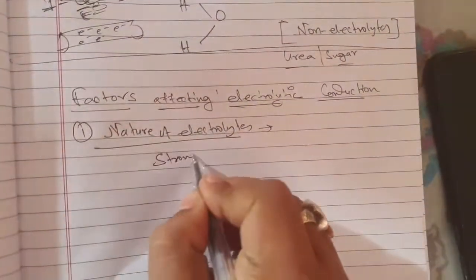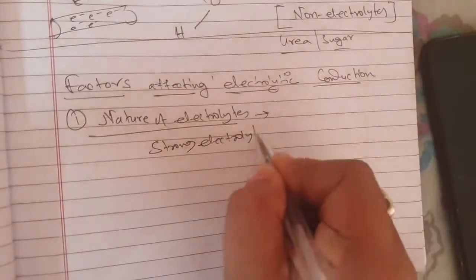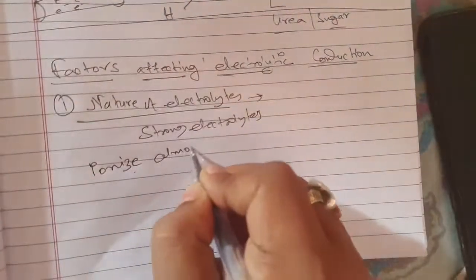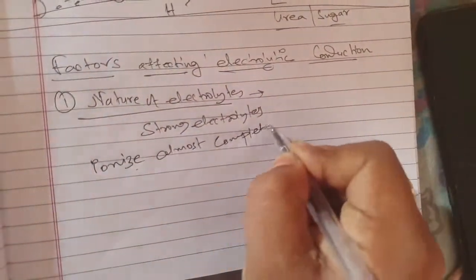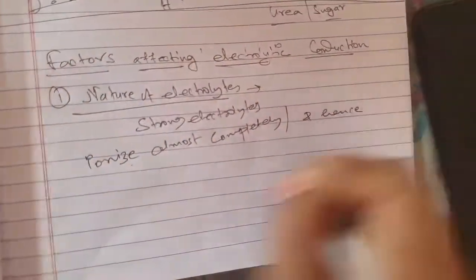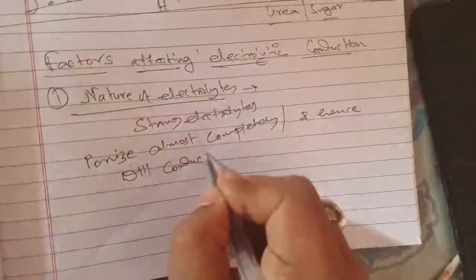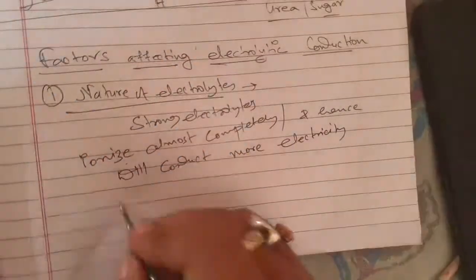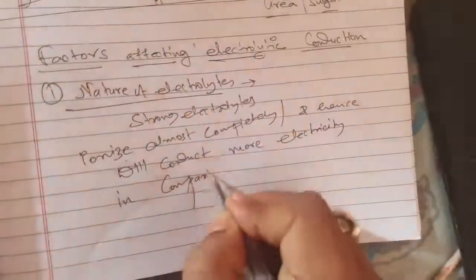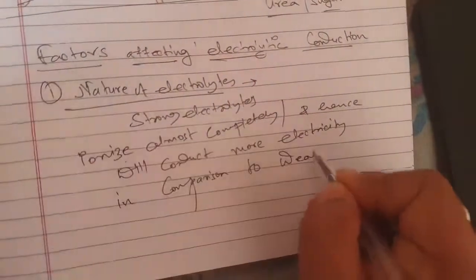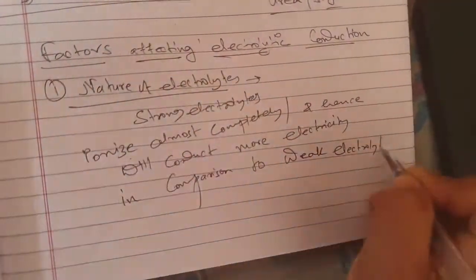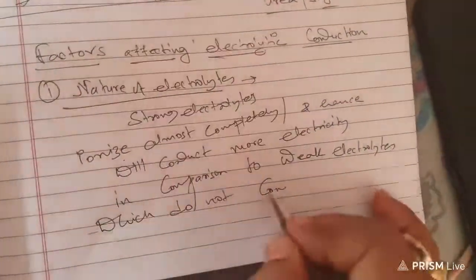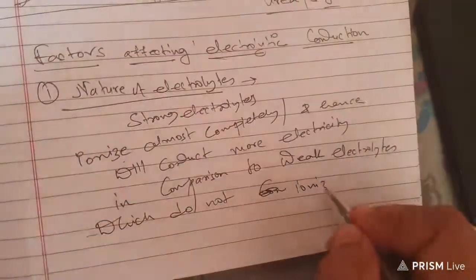Strong electrolytes ionize almost completely, and hence will conduct more electricity in comparison to weak electrolytes, which do not ionize completely.